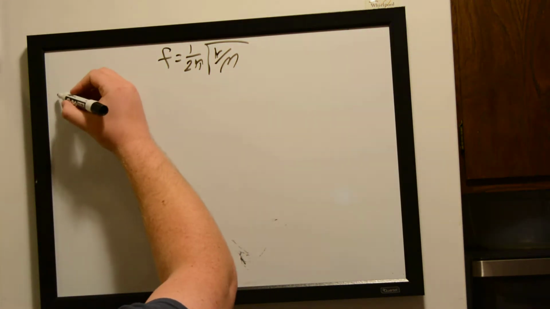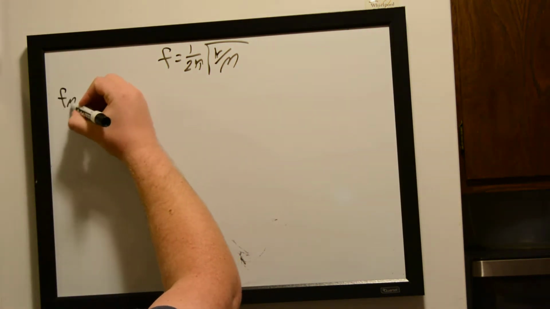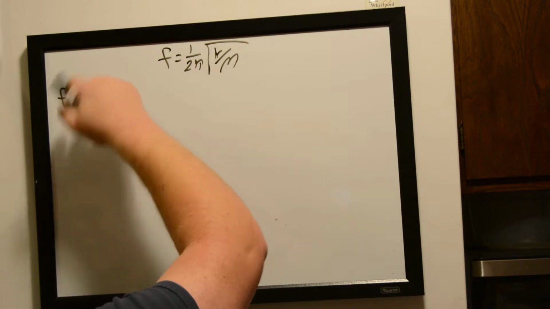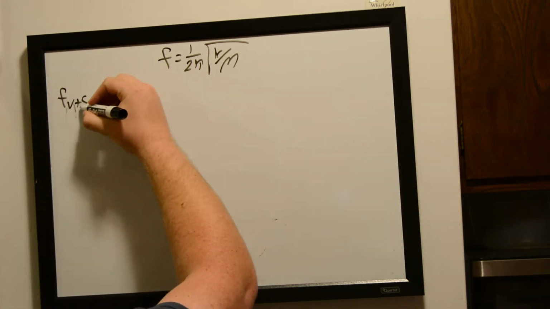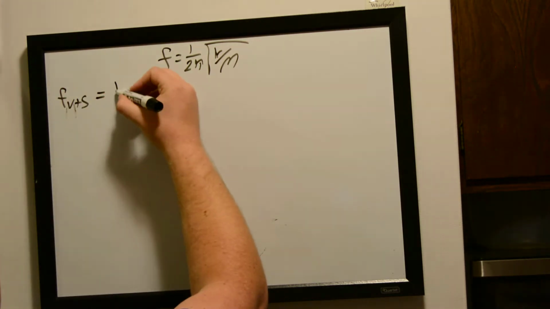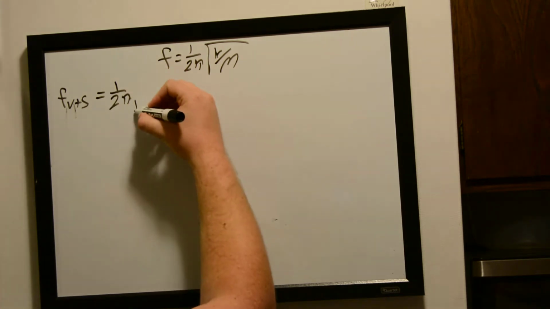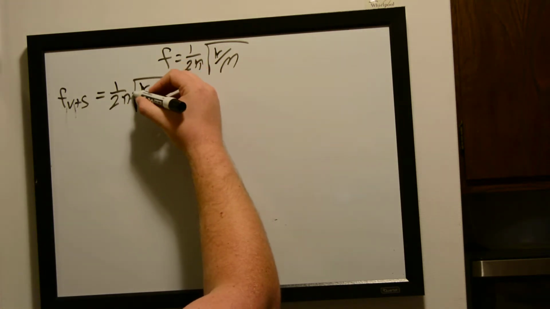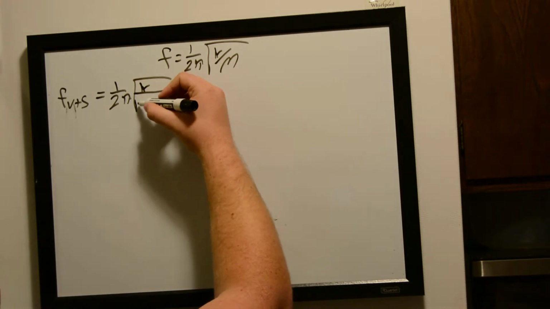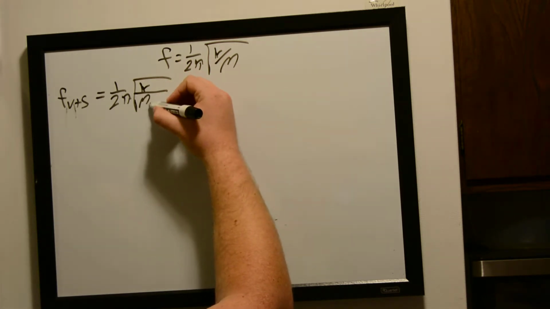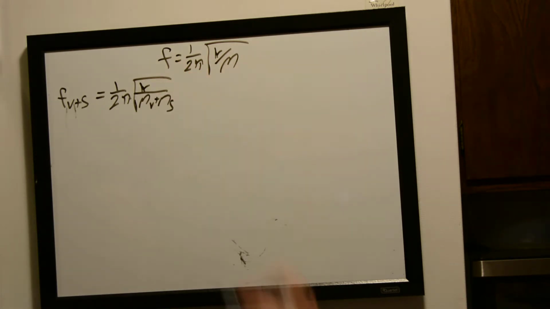So we have the frequency of our virus plus silicon is going to be 1 over 2 pi times the square root of our spring constant over the mass of virus plus mass of silicon.